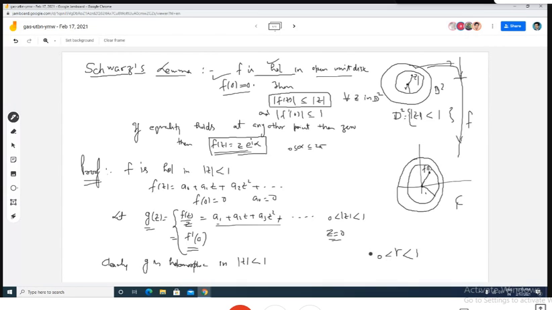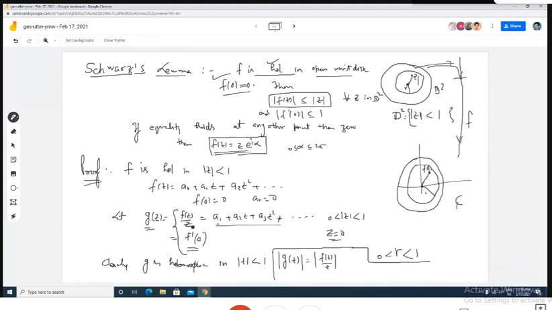So what can you say about the modulus of g(z)? The modulus of g(z) is equal to the modulus of f(z) upon z, right?